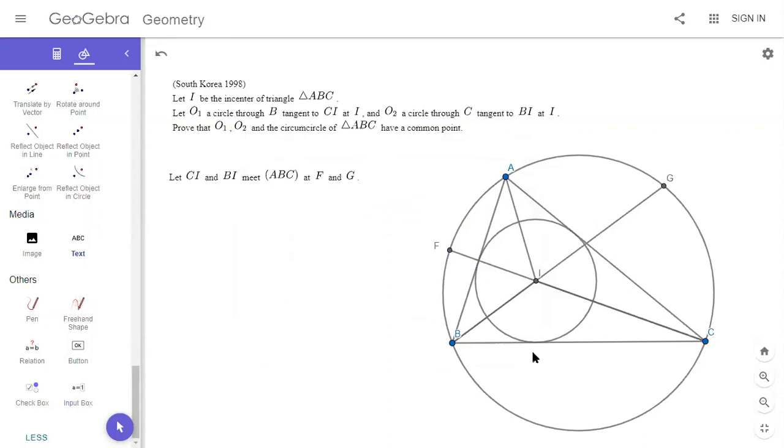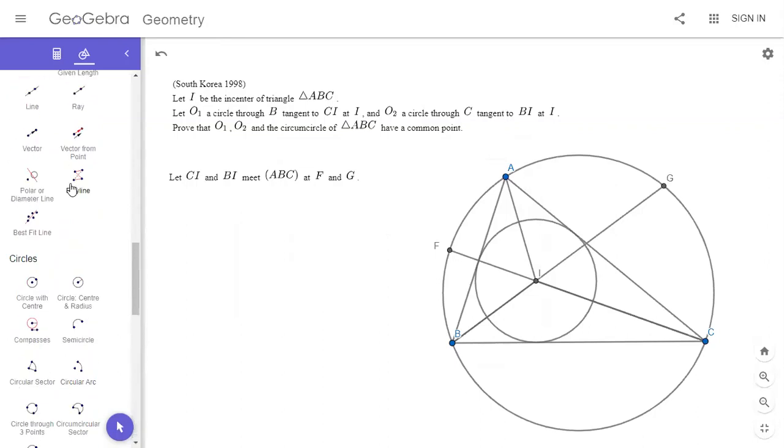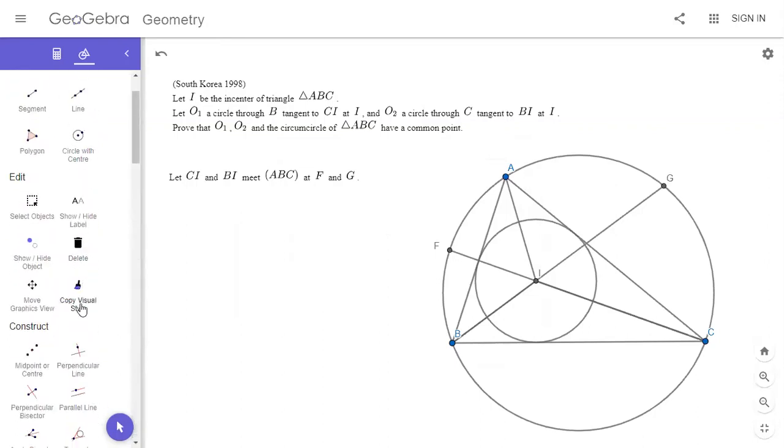And now I'm going to draw the mixed linear incircle. What's the best way to do that? I'll just kind of do it like this.